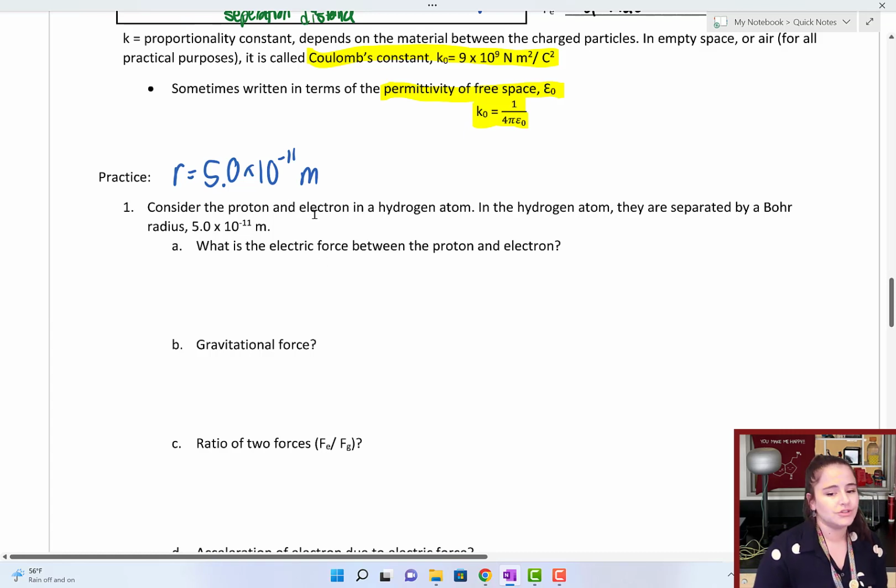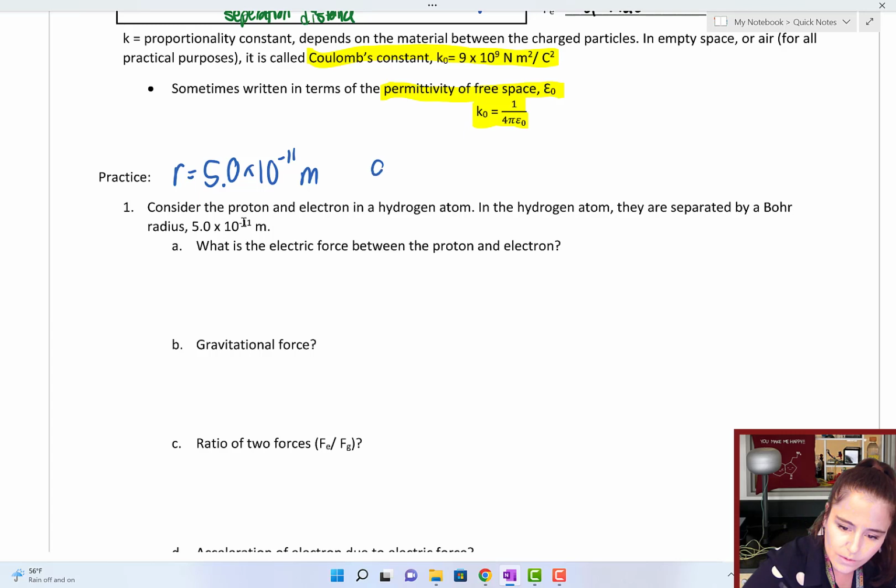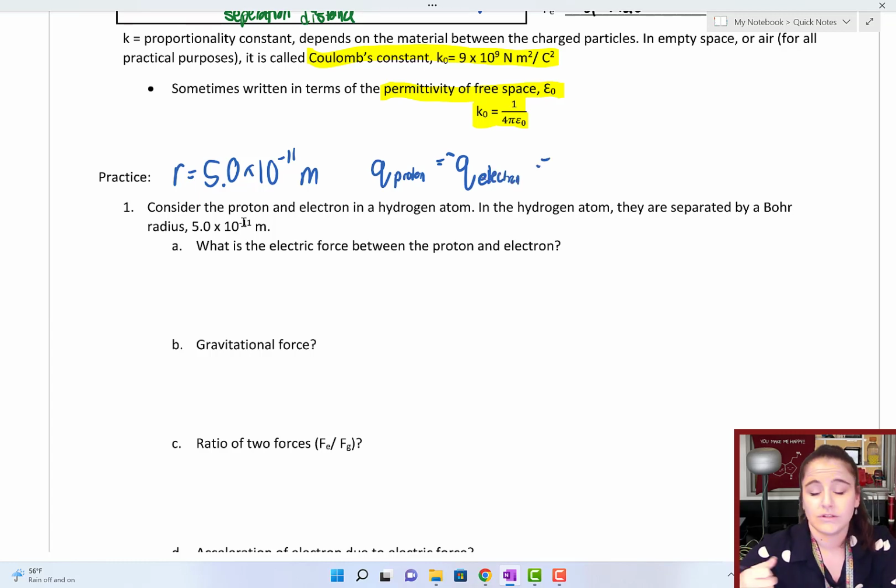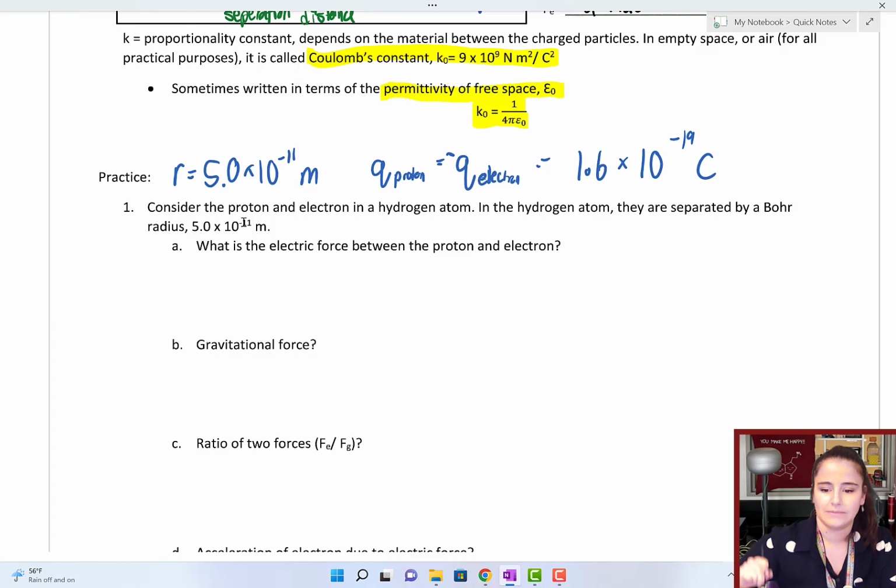Now, for the charge on a proton and an electron, they're equal to each other. So q proton equals the negative charge on the electron, negative q electron, and they are both equal to that fundamental charge, 1.6 times 10 to the negative 19 coulombs. Okay.